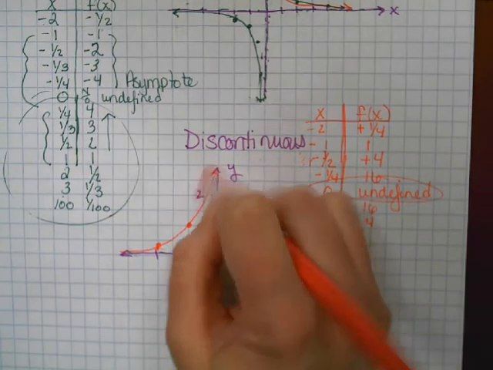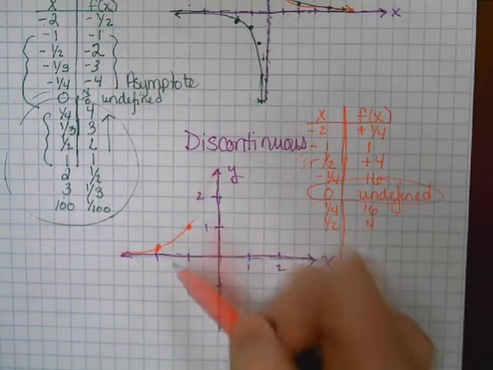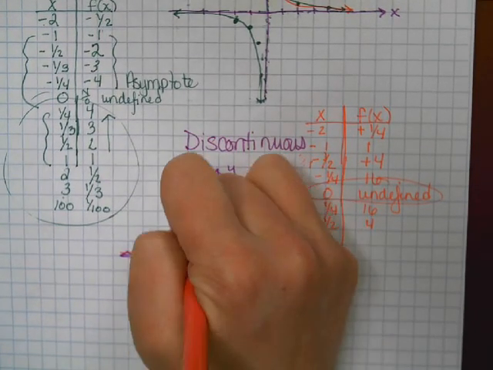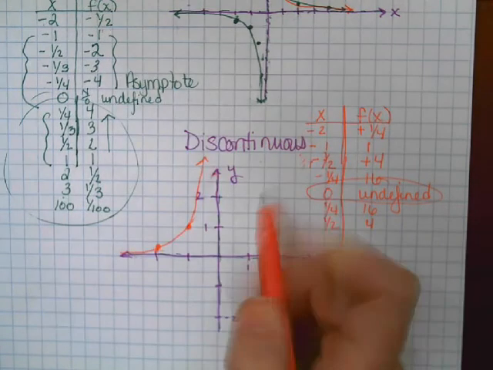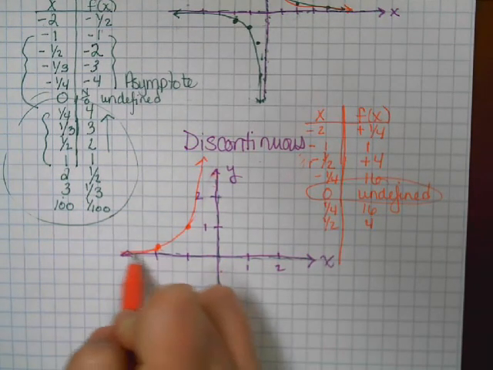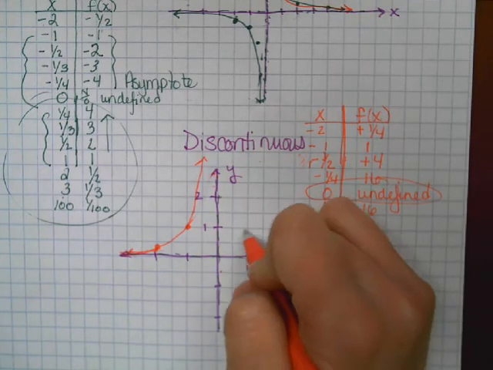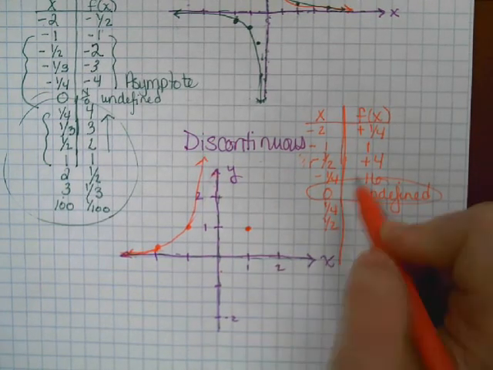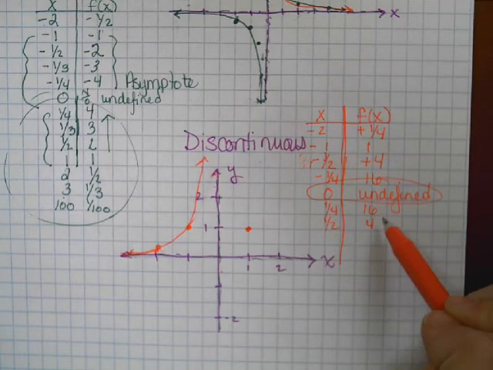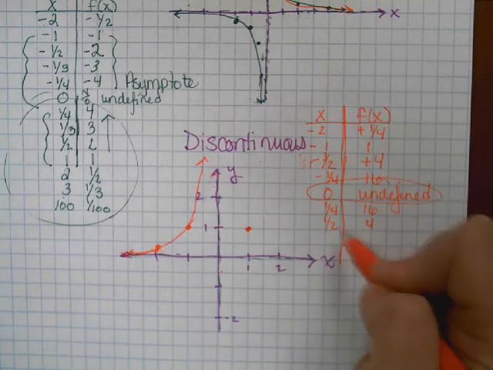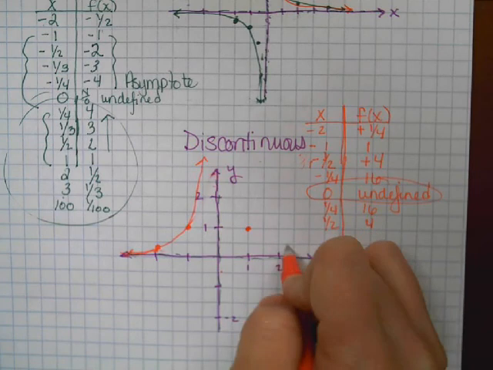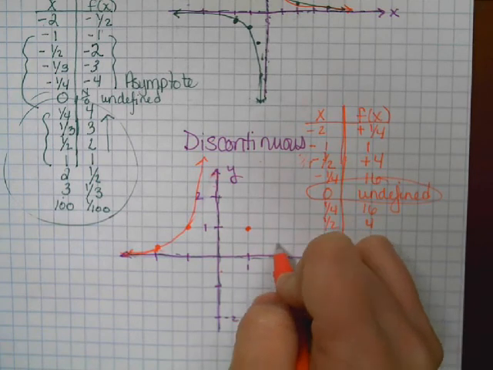So anyway, the graph looks like this. Okay. I should say it's a lot steeper than that. At 1/2, it's way up at 4. So it's very, very steep. But again, it's going to approach this axis here and here. Again, 1, 1, and then 1/4 and 16.